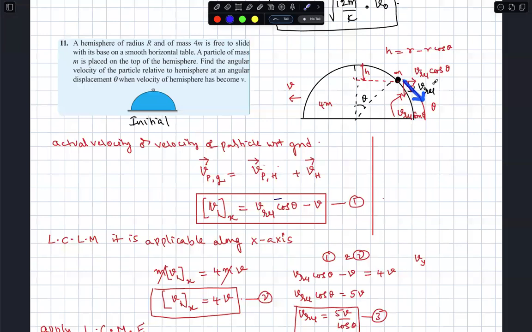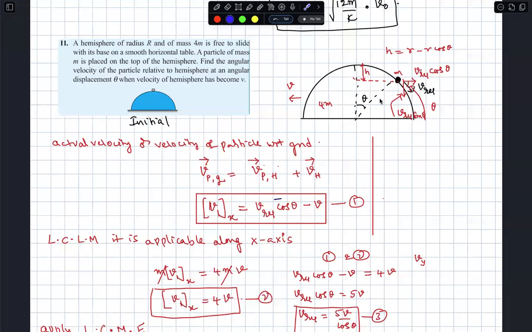So the component in this direction is v relative cos theta, and the component in this direction is v relative sin theta. Remember, it has fallen through a height h given by h is equal to small r minus small r cos theta, because this is r cos theta, total is small r. So the difference is small r minus small r cos theta.